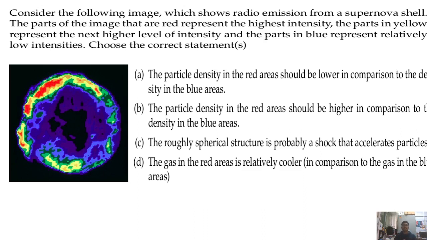Now, the gas in the red areas is relatively cooler in comparison to the gas in the blue areas. We cannot predict that, right? That does not have any consequence here. It should be much hotter because it is emitting much.